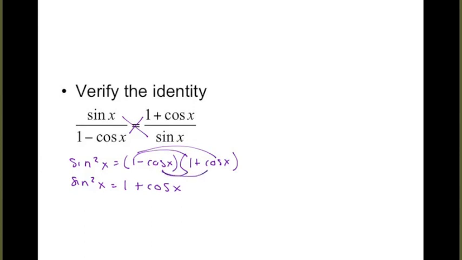And I pass out the negative cosine x, and I get negative cosine x minus cosine times cosine is cosine squared. When we do that, something nice happened. In the middle here, I have a plus cosine minus cosine. Cosine minus cosine is 0.